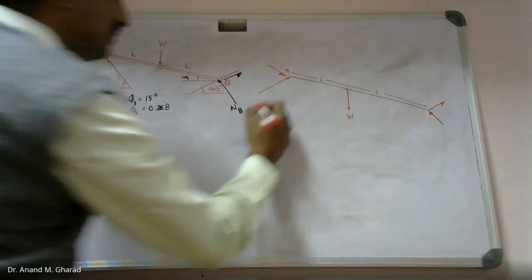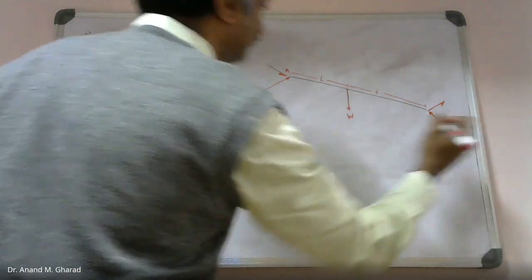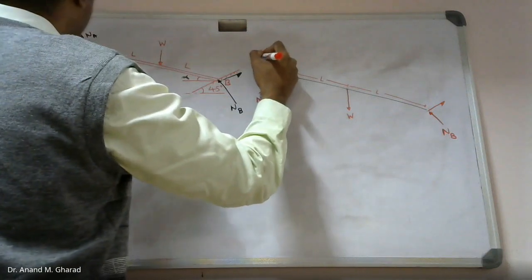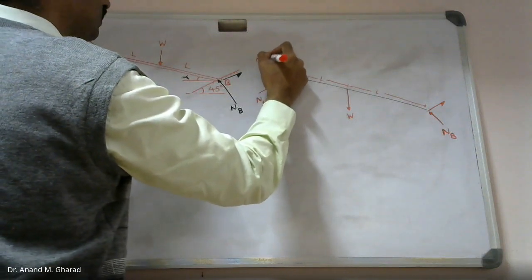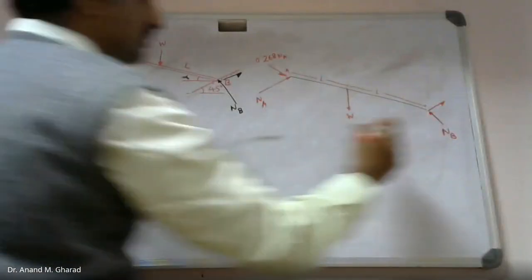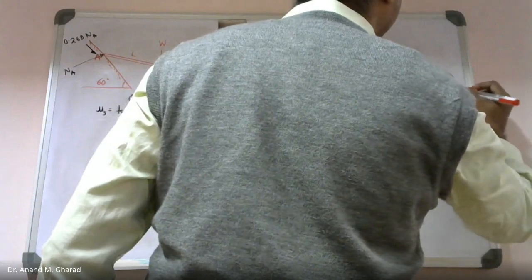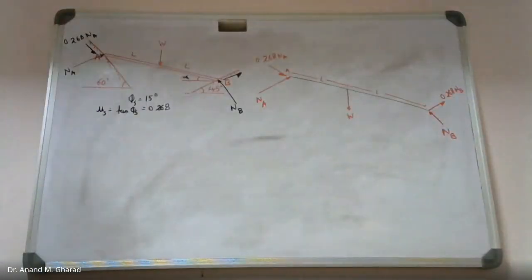So this is NA and NB. This value is 0.268 NA, this is 0.268 NB. This is the alpha value.